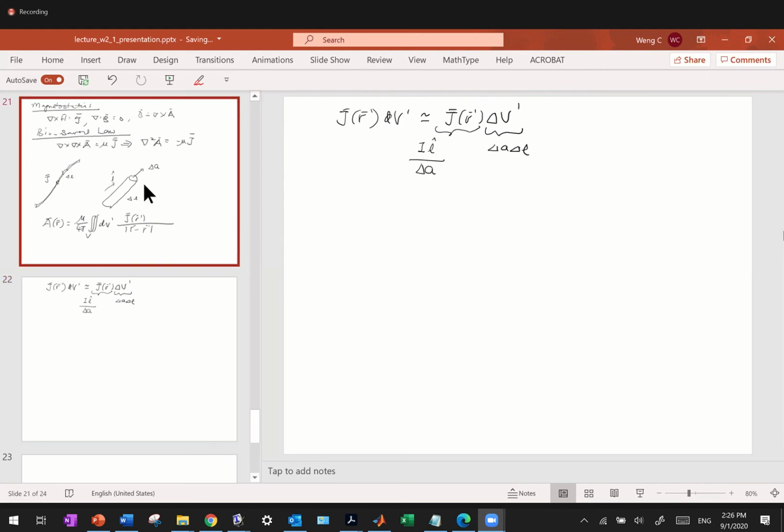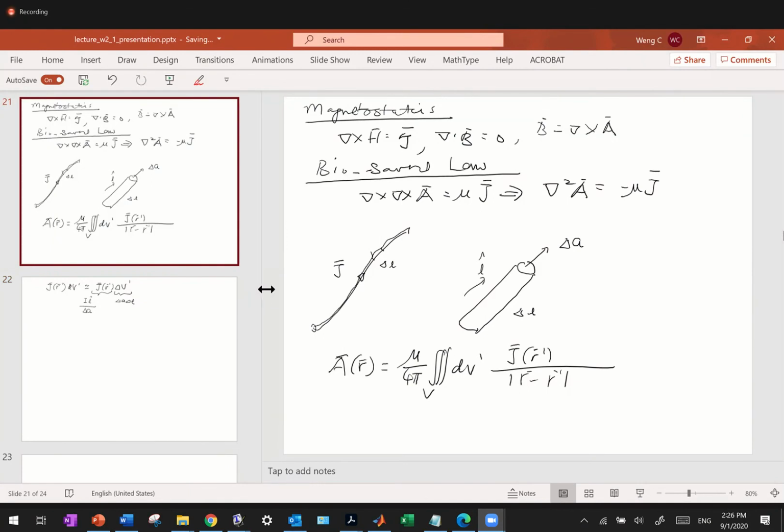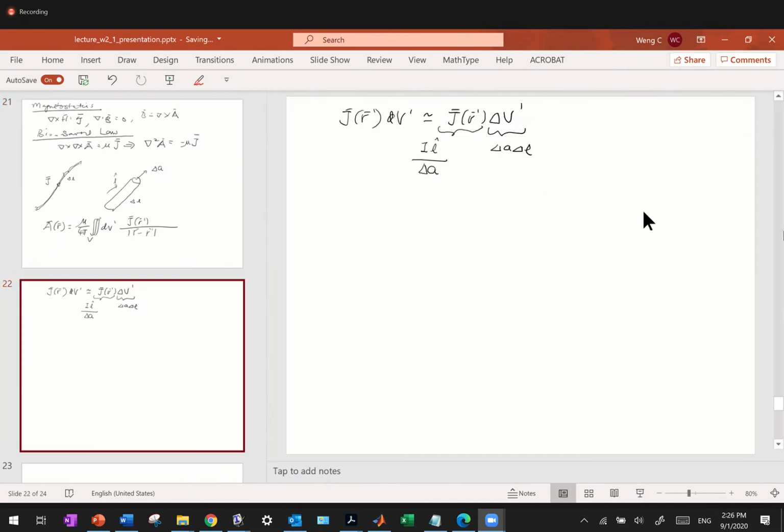So I can write this small current element as delta A, delta L, times L hat I divided by delta A. The delta A cancel each other, and we are left with delta L hat I. So I can call this delta L bar, since it points in that direction.